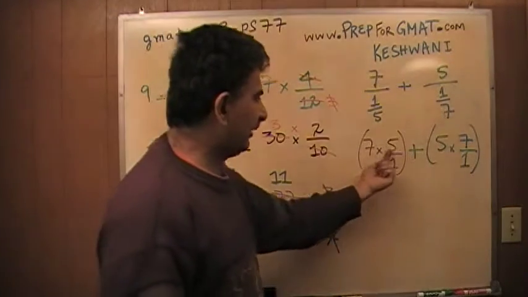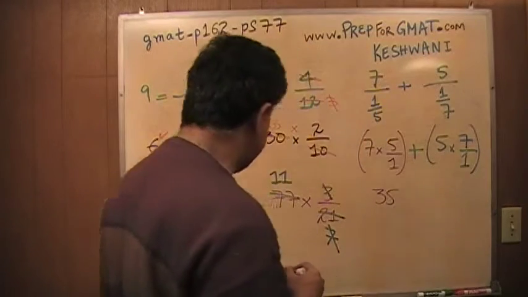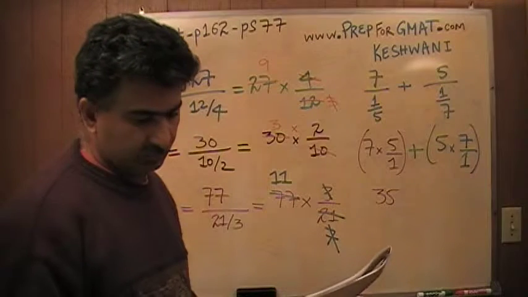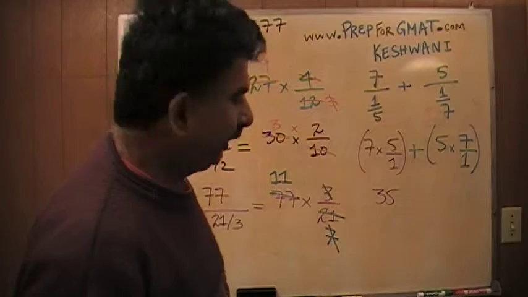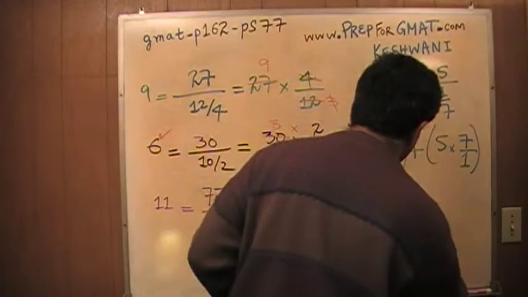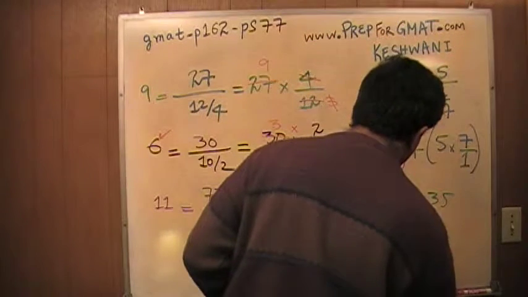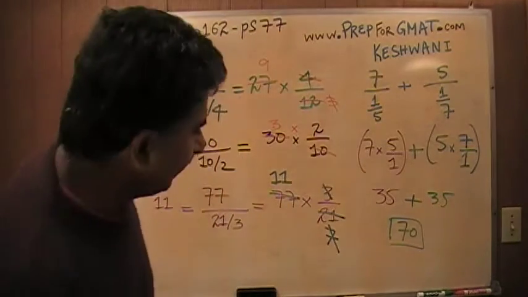It's basically 7 times 5, which is 35, plus, oh, it's 35 plus 35, no kidding. Yes. Boy, they are really nice, aren't they? 7 times 5 plus 5 times 7, 35 plus 35. The answer is 70. The answer is D.